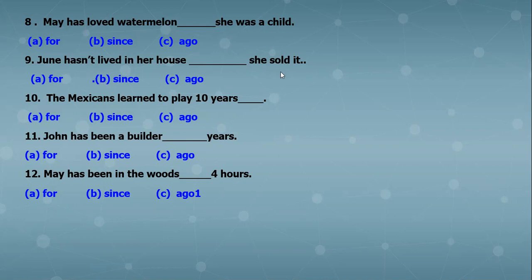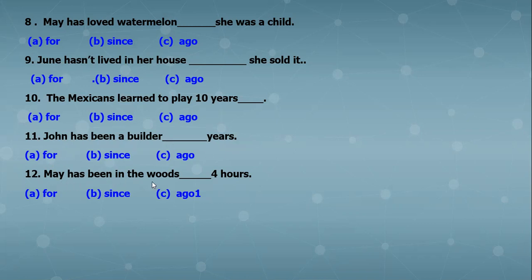Since she sold it. The Mexicans learned to play 10 years ago. So they learned how to play 10 years ago. John has been a builder. So John has worked as a builder for how long? Years. So the duration here. So John has been a builder for years.